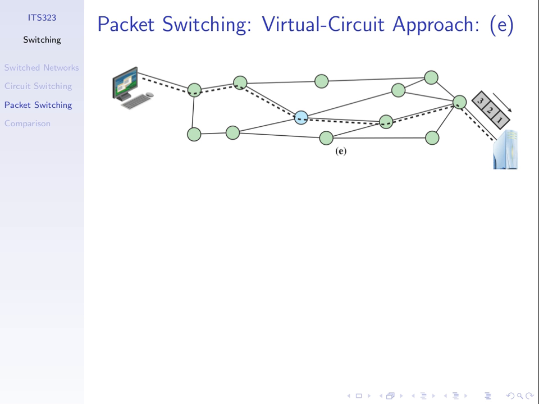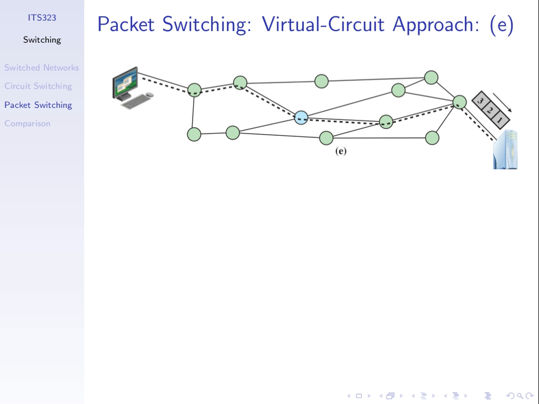Because if you look at many people over time, then hopefully sometime, say, half of the people are sending and the other half are not sending, so you can be more efficient in utilising the link. In the ideal case, we'd always be sending 10 packets per second or 10 megabits per second out here, fully utilising this link.